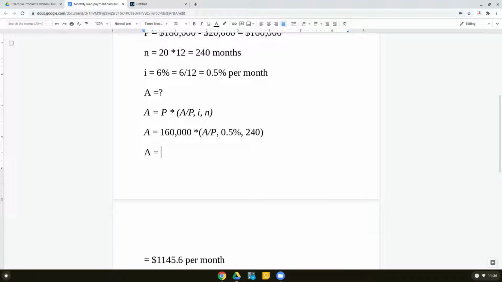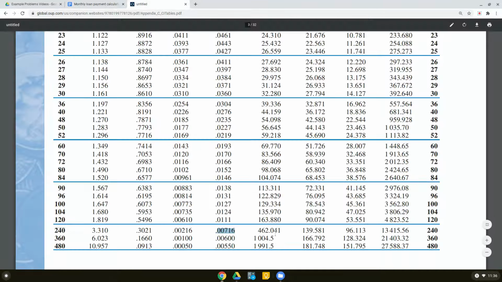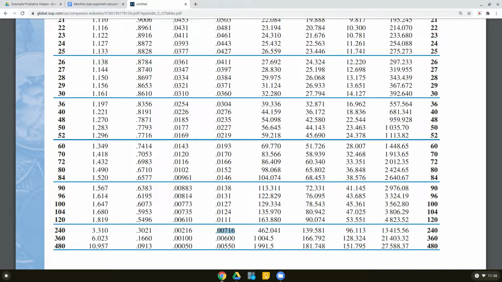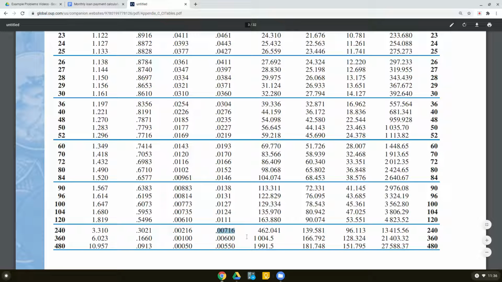A is equal to 160,000 times, once again, what is the factor? 0.00716. Now before we do this calculation, I want to make a comment about this table.